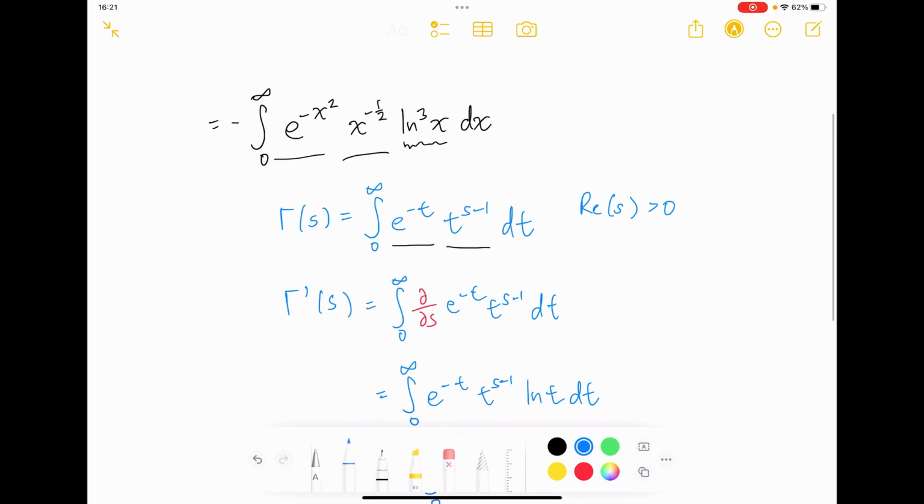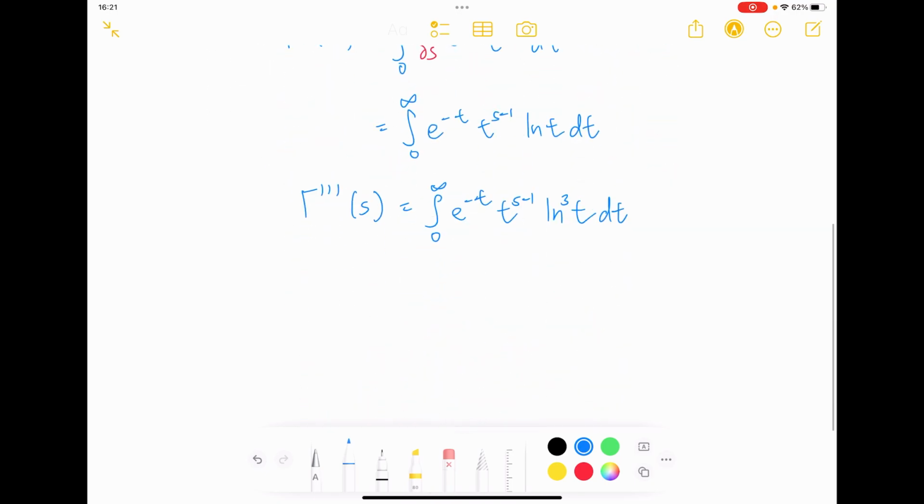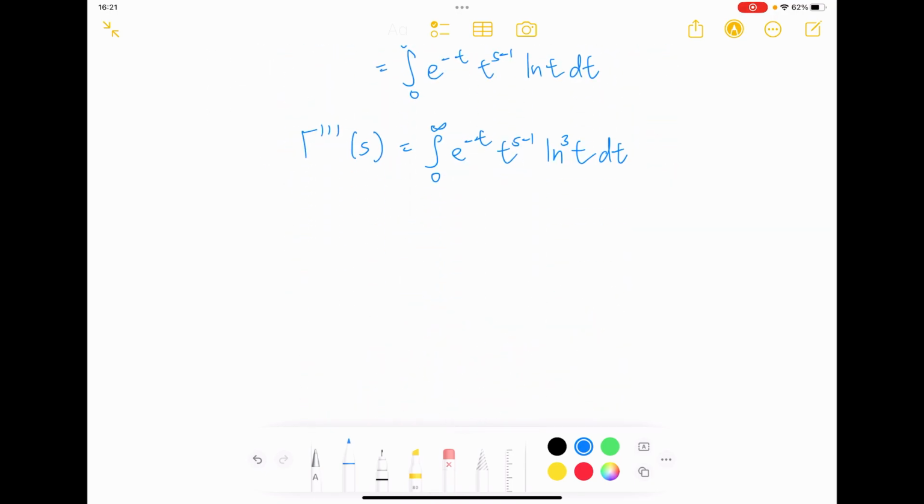And this is quite similar to our integral. Let me just write it down here. So our integral I is negative integral from 0 to infinity of e to the minus x squared times x to the minus a half times natural log cubed x dx. And what we're going to do is perform a substitution where x squared equals t.